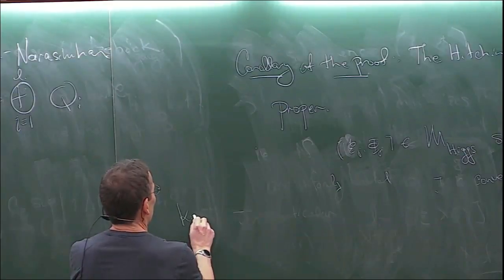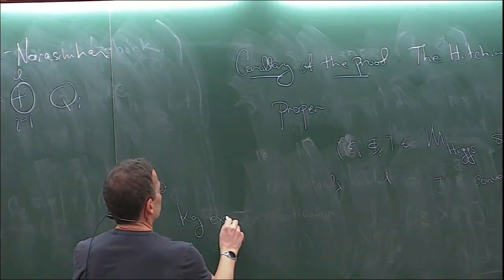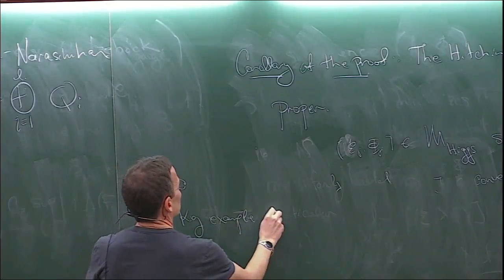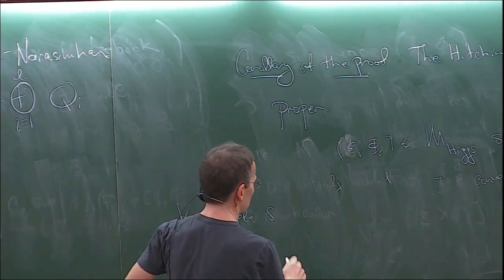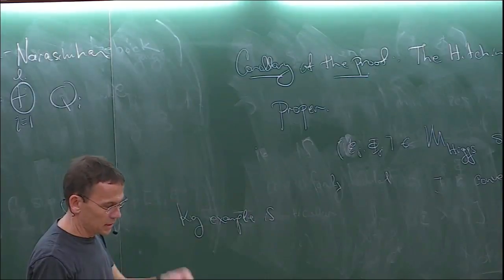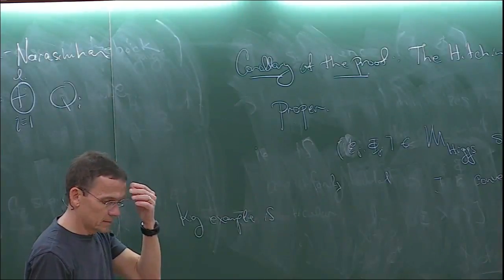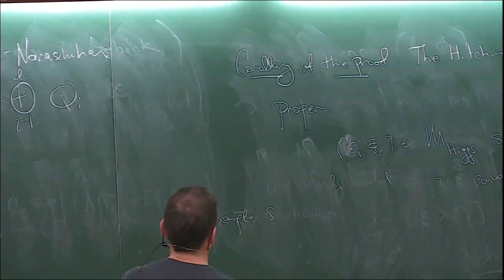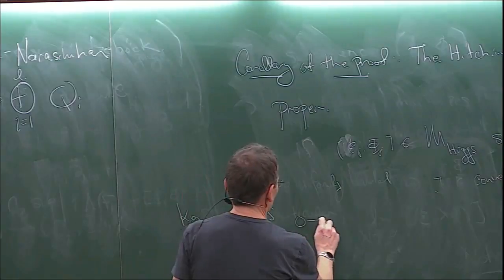A key example is, what did I want to say? I wanted to say the opers. Sorry, I lost my train of thought. Yeah, so that's right.